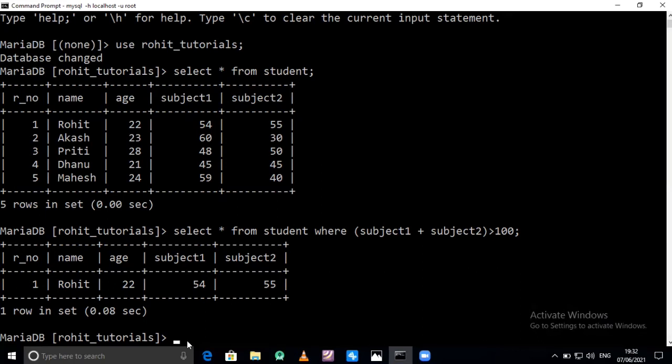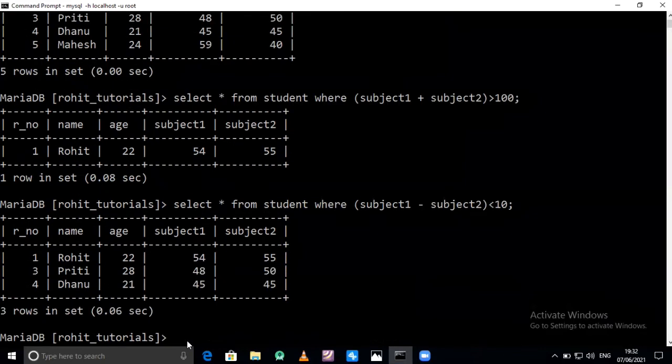So for that, I use the command select star from student where subject 1 minus subject 2 is less than 10, semicolon.